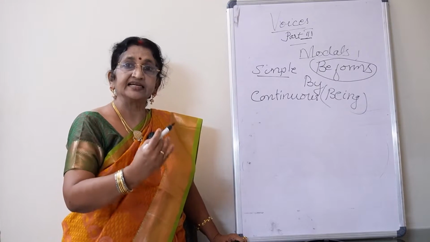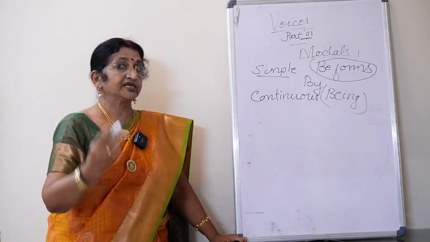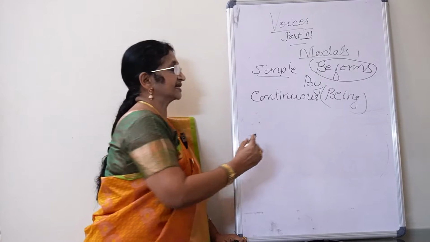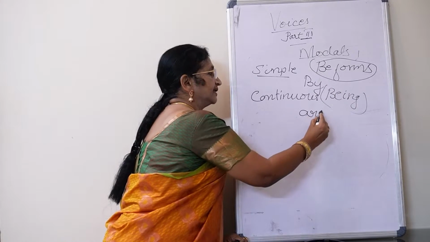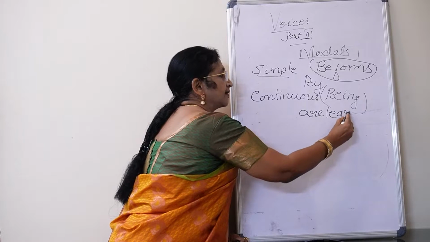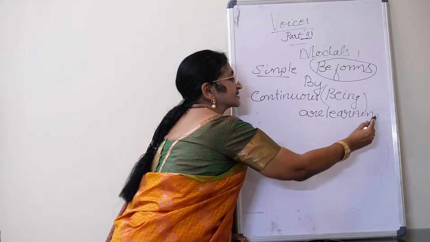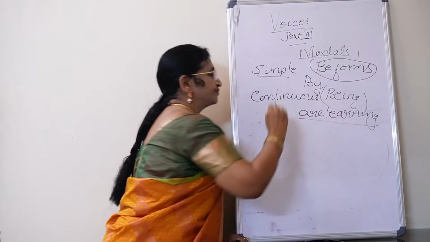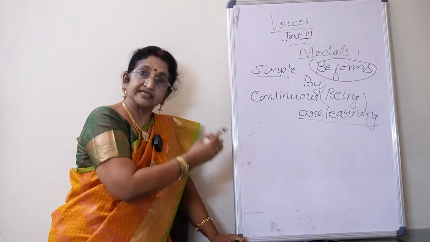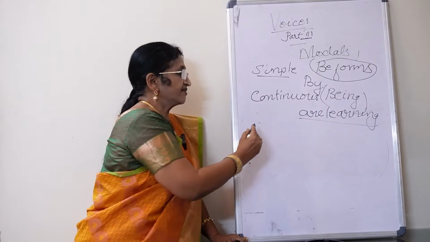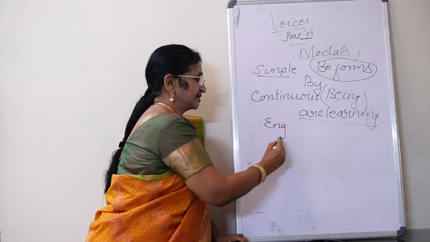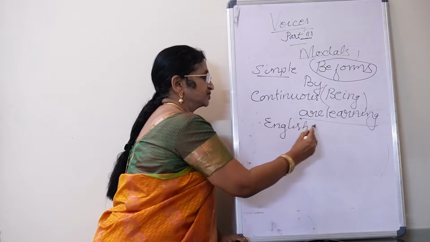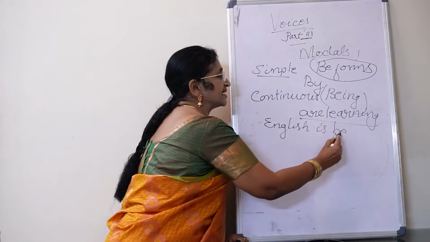English is being learnt by the children. So we say children are learning English because children is the subject. So when you put this sentence into passive voice, we will have English as a subject. So English is being learnt.